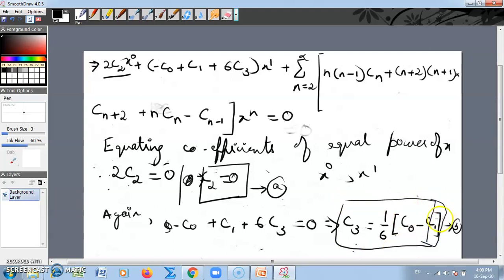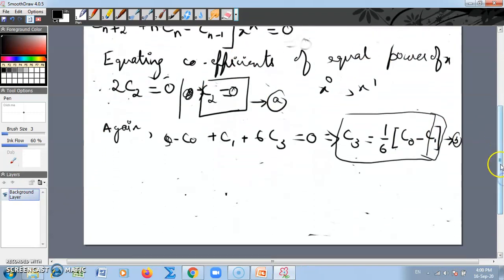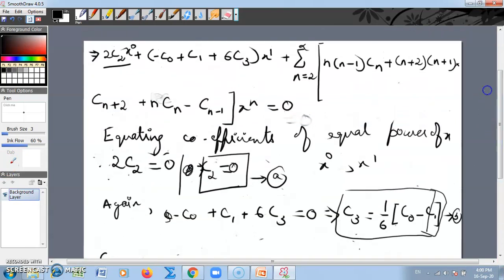Like this, and let us move forward. We got C3. Again we have Cn plus 2. What is Cn plus 2? Cn plus 2 from that original equation, let us see where is Cn plus 2.